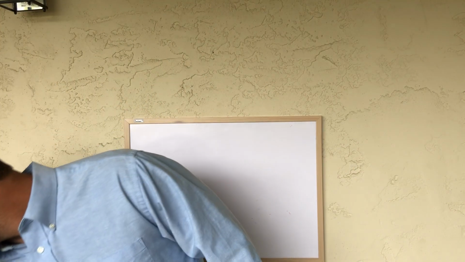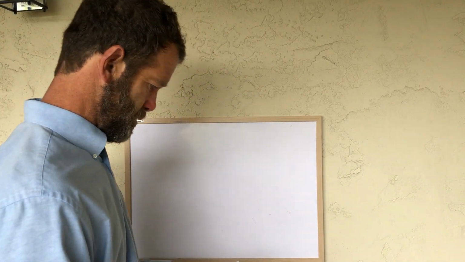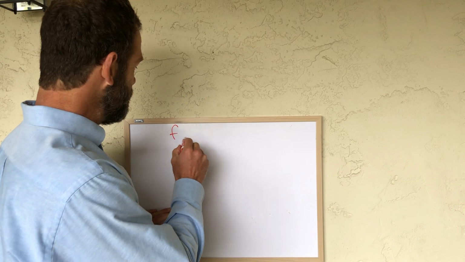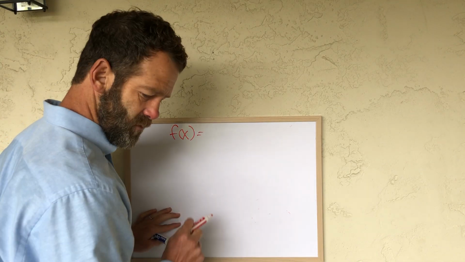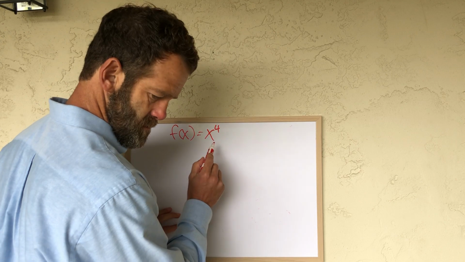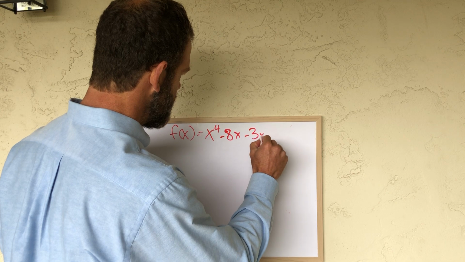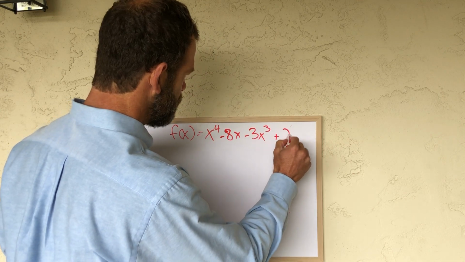So, my original question, also in the notes, it says factor 8x to the third minus 1, and I give you the steps. Number 1, factor it, set it equal to 0, and solve. Okay, so what I'm going to go back and do, I'm going to say, with this polynomial, f of x equals x to the 4th minus 3x to the 3rd minus 8x plus 24.